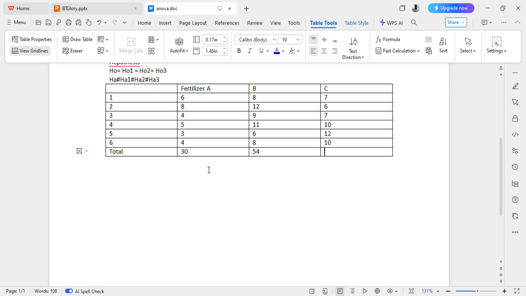Then 7, 6 plus 7, 10 plus 12, 10. That gives 52.